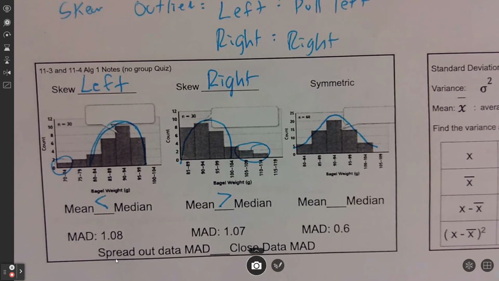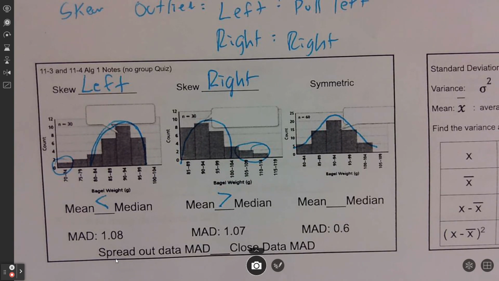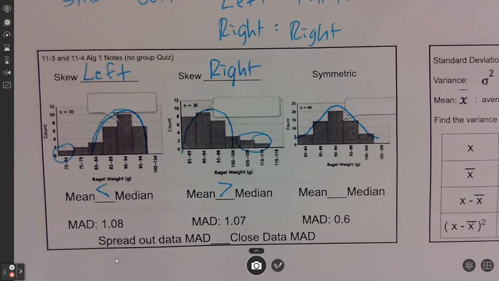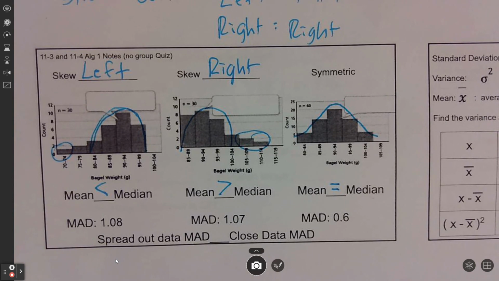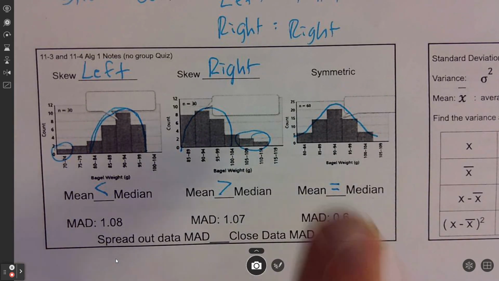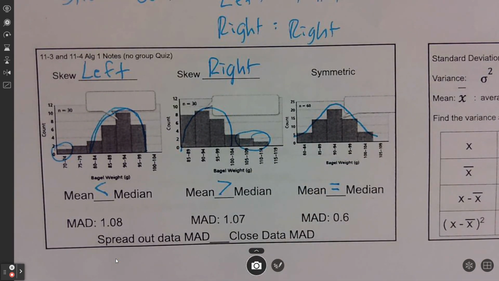And in perfectly symmetric data, the mean and the median are equal. They might even be just really close. If it's just a little bit off, they'll be super close to each other. One might be 90 and the other one like 91. Super close, but almost equal.